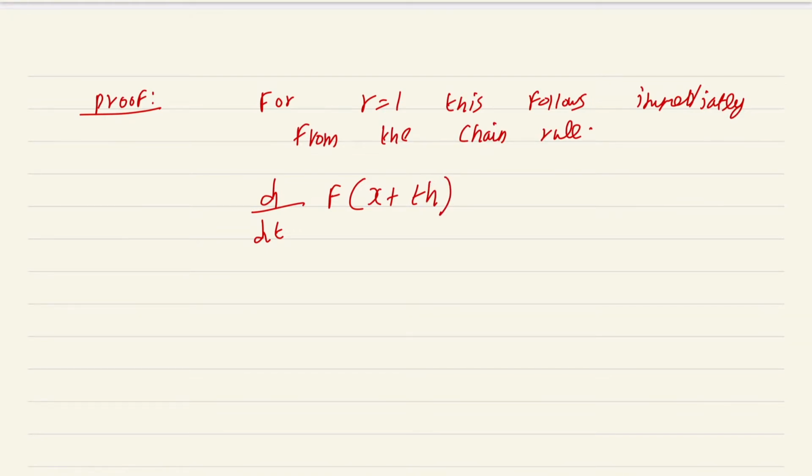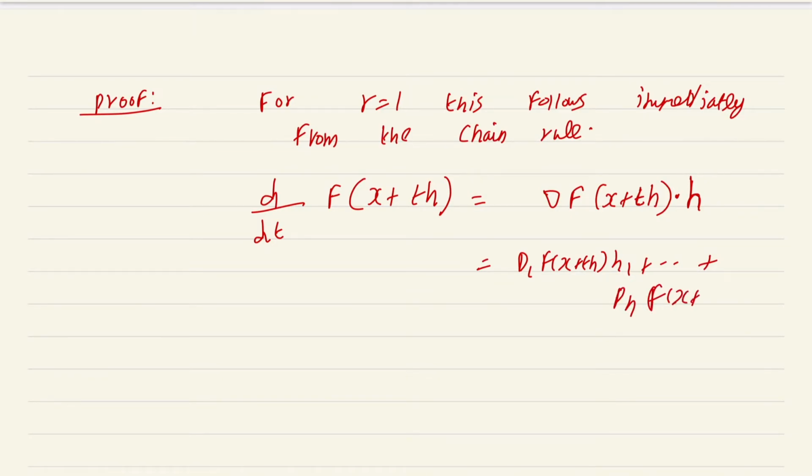Okay, this is nothing but gradient of f at the point x plus th, then you have to take the derivative of x plus th with respect to t, and that's just going to leave you with the vector h. Of course I must put a dot product, and this is nothing but d1 f of x plus th h1 plus dot dot dot dn f of x plus th hn.